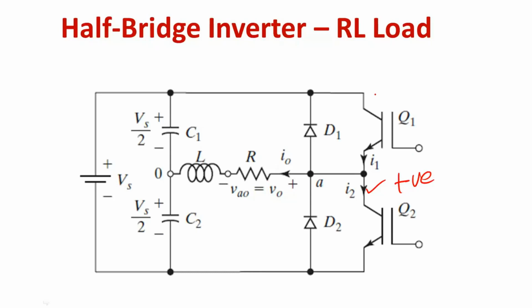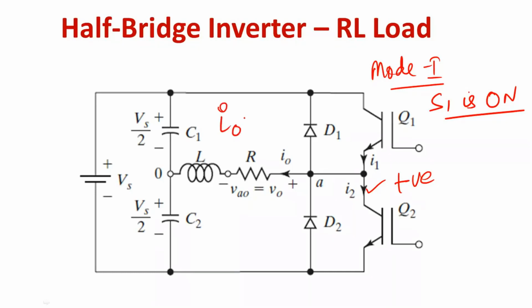During mode 1, S1 is on, so the current I0 increases slowly, reaches a peak value, and then decreases. At T by 2, I0 may not become 0.